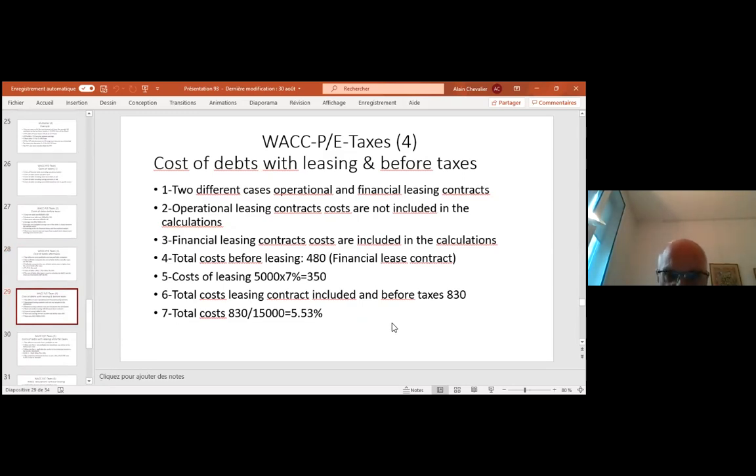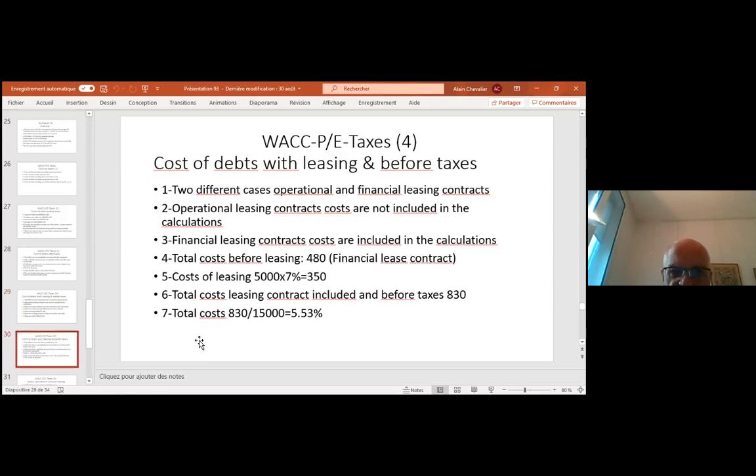Made the calculations, we had 7% on 5,000, which is 350, and the total cost before leasing, which was 480. We added both data, we got 830, and now we have 10,000 plus 5,000 equivalent debt. You calculate the cost, it is 5.53, and this is before tax.